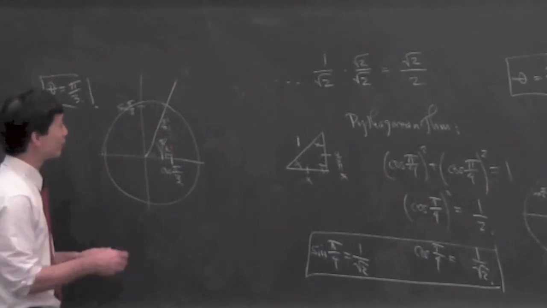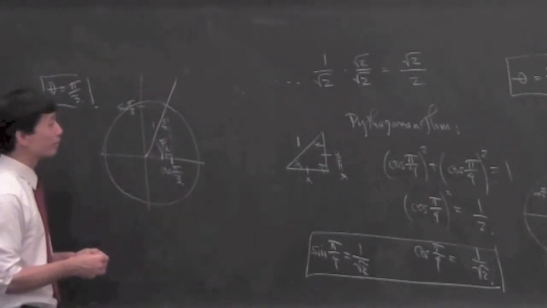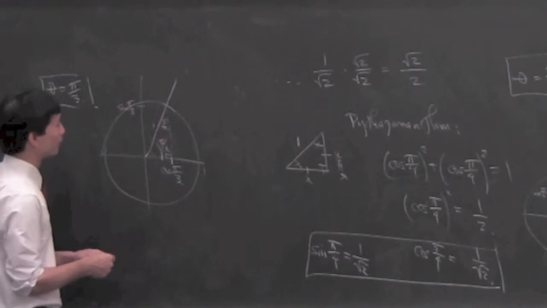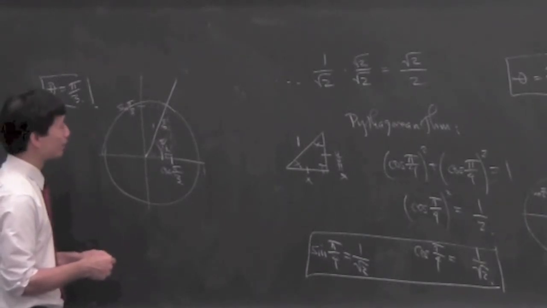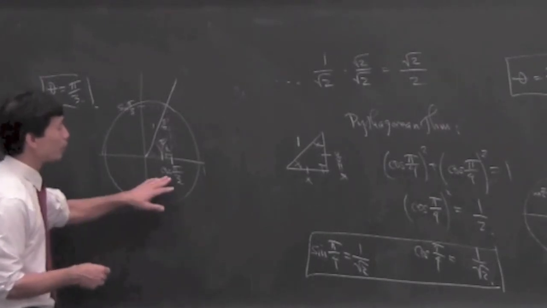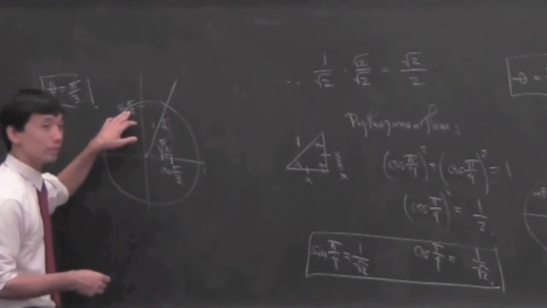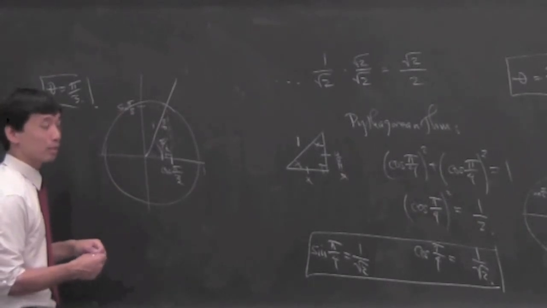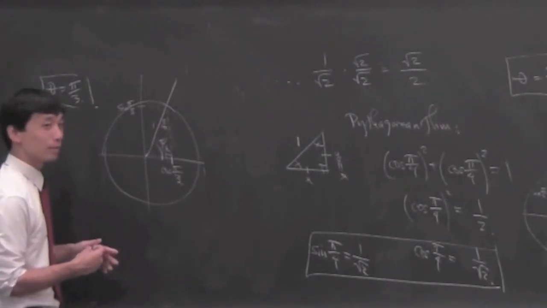So cosine pi over 3 squared plus sine pi over 3 squared is equal to 1. And we have the angles.